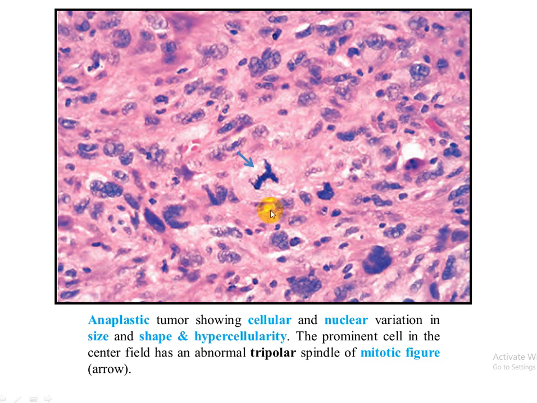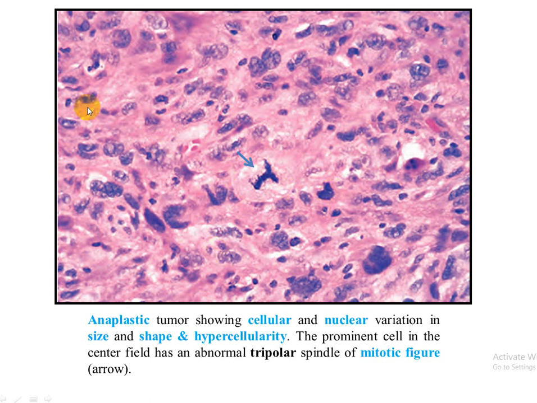In the center, there is also an abnormal mitotic figure, a tripolar mitotic figure. An increased number of abnormal mitotic figures indicates a malignant tumor and is considered an indication of malignancy.